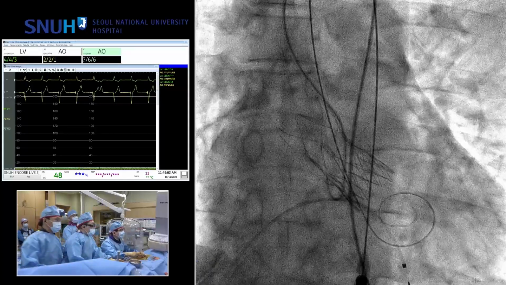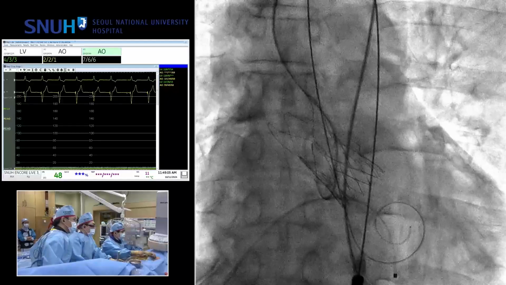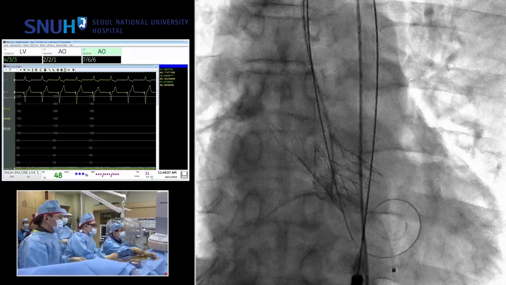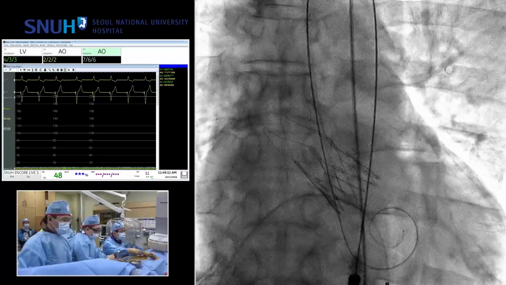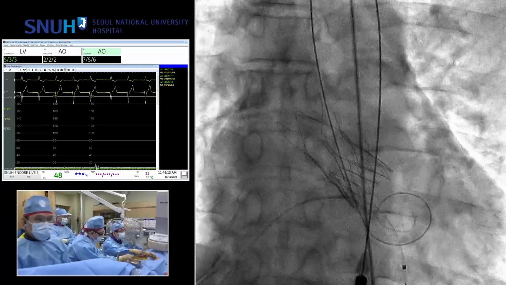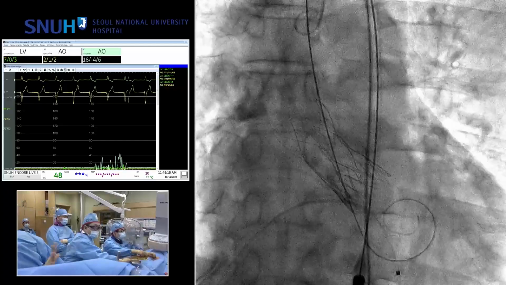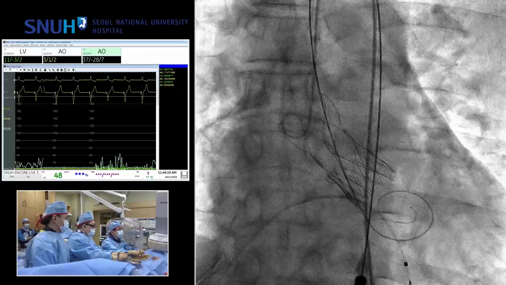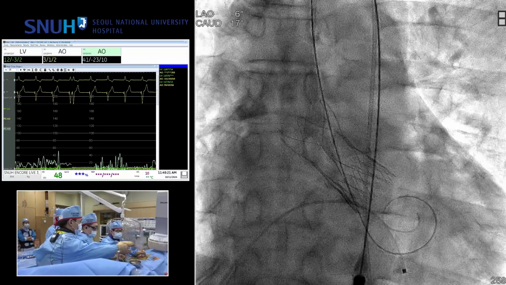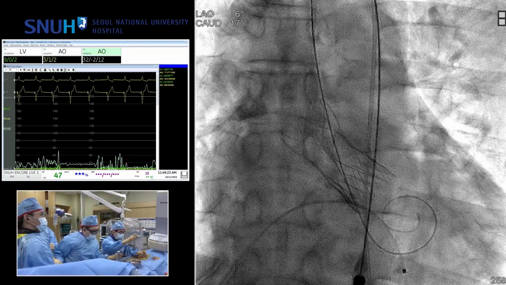Temporarily stop the pacing and check the ECG for complete AV block or not. As I mentioned before, this complete AV block was before ballooning. Just a little bit second. Please show us.